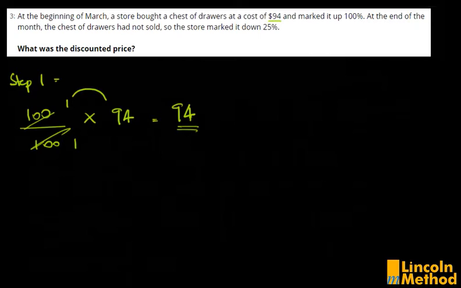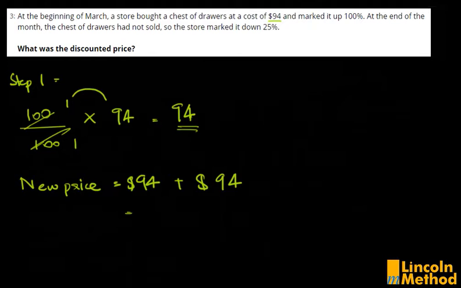Now this is the amount that is added to the cost price, which means the markup price or the new price is $94 plus $94. So we could have multiplied both of them and found out the answer. It doesn't really matter.